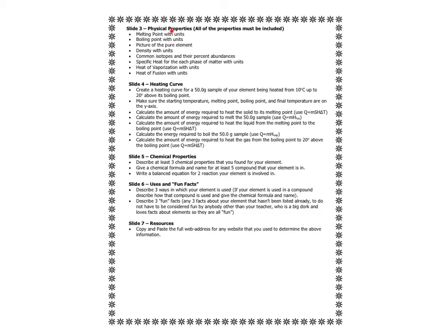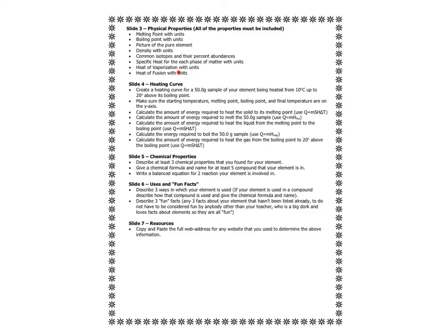The third slide is showing all the physical properties. All of the properties below must be included, including melting point, boiling point, a picture of the pure element, density, common isotopes with their percent abundances, and then specific heat, heat of vaporization, and heat of fusion.